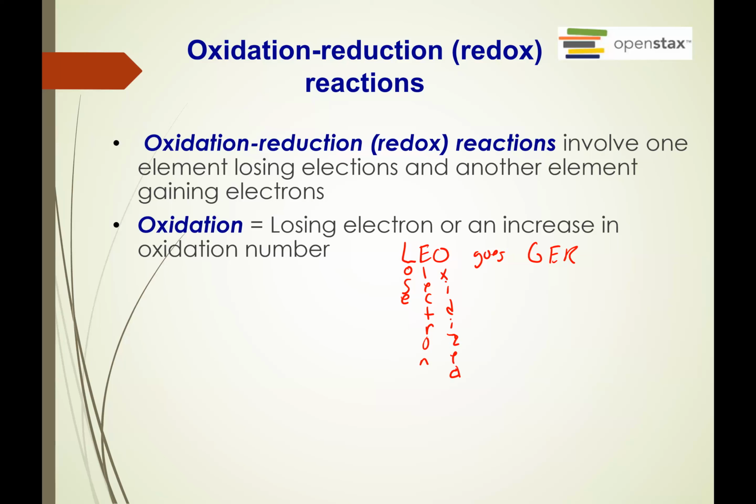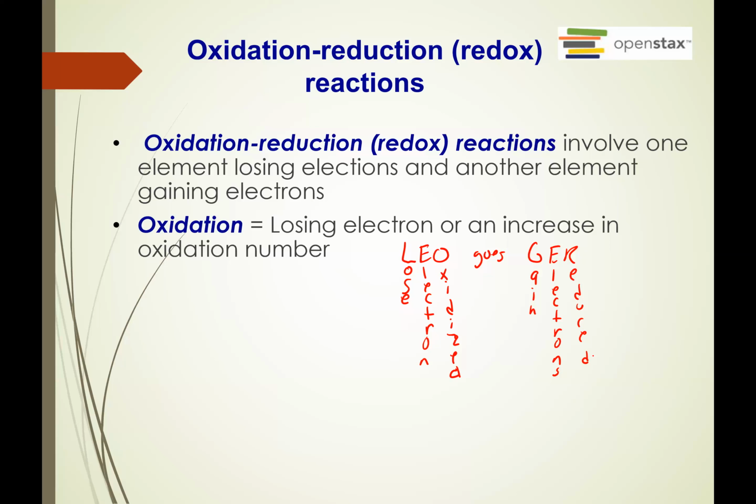When we gain electrons, we're reduced. So lose electrons, oxidize; gain electrons, reduce, and we just shorten that to Leo goes Ger. And if you get to 229, we talk about Leo the red cat, and we add this and make this a whole giant sentence that helps us for a very long time.